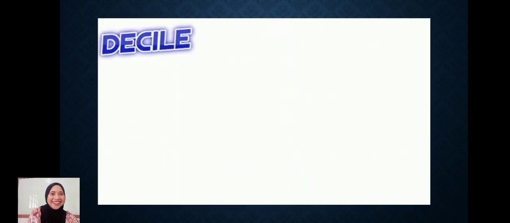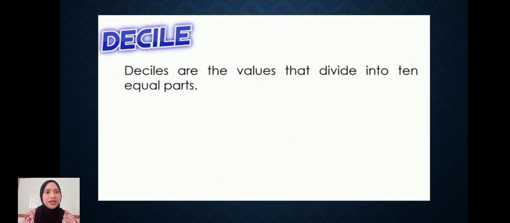Okay. Next, we have determining the measure of position of our data using the decile. Decile is from the word decimal, which is 10, no? Yung kanina, quartile, we have 4. And deciles are the values that divide the data into 10 equal parts.